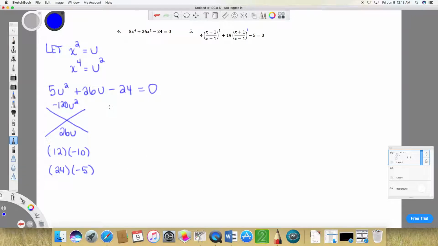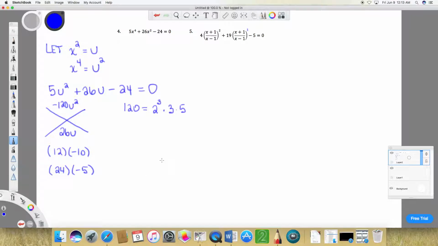Huh. So let's see. I'm going to break down 120 into a product of prime numbers so that I can see this a little bit better. I've got that 120 is equal to 2 cubed times 3 times 5.